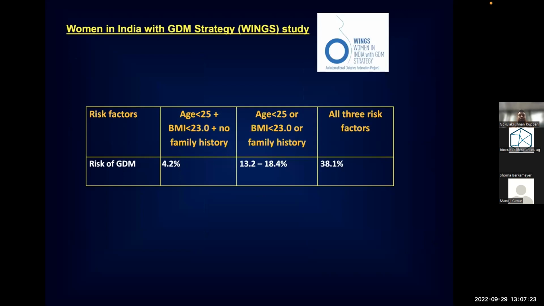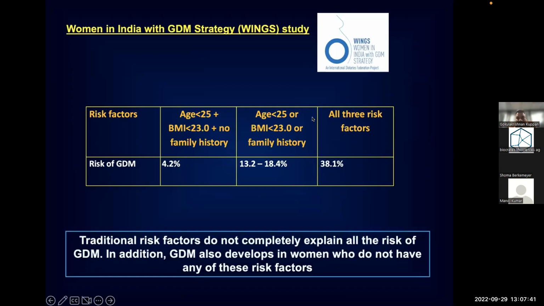If you look at the risk factors, we always say the common ones like age, BMI and family history, but all of these together contribute only 38% to developing GDM. The traditional risk factors do not completely explain all the risk for GDM.